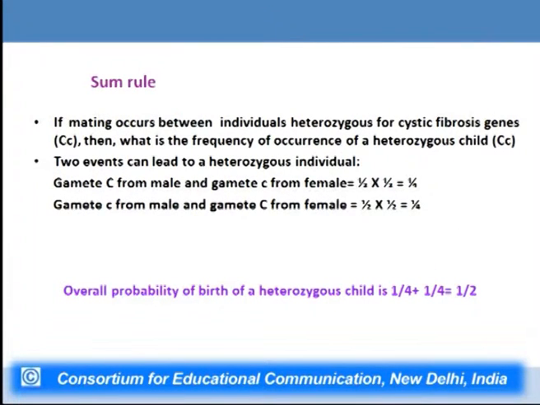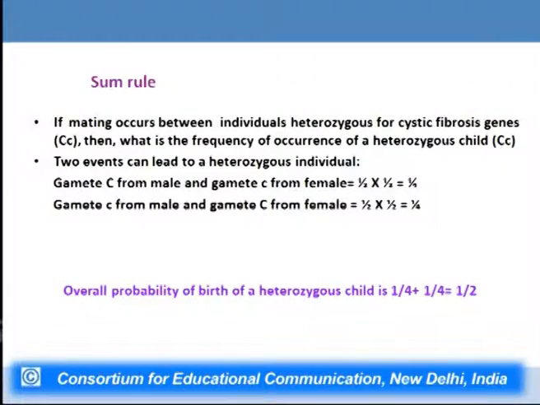Now, using the sum rule in a genetic example, if we consider a mating between two individuals which are heterozygous for the cystic fibrosis gene, that is they have capital C and small c genotype, then what is the frequency of occurrence of a heterozygous child, that is a child which will be having genotype capital C and small c?